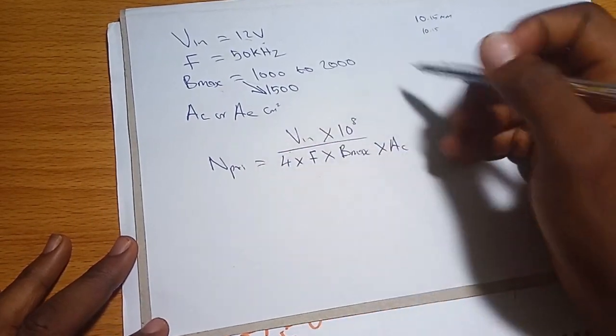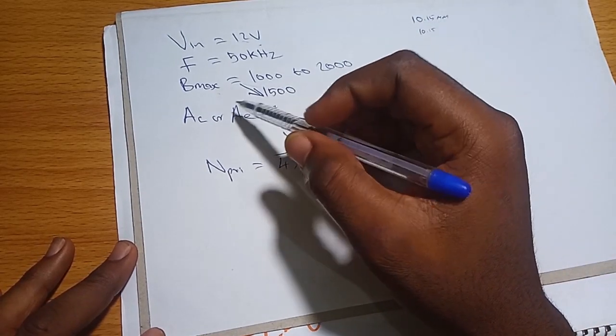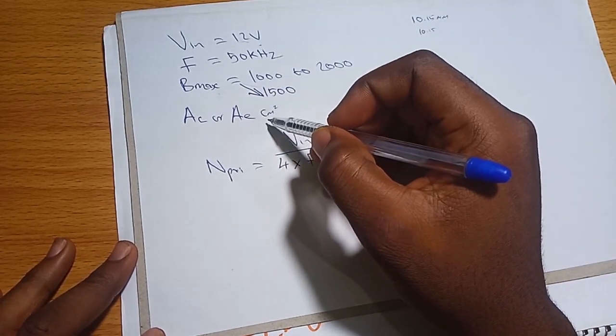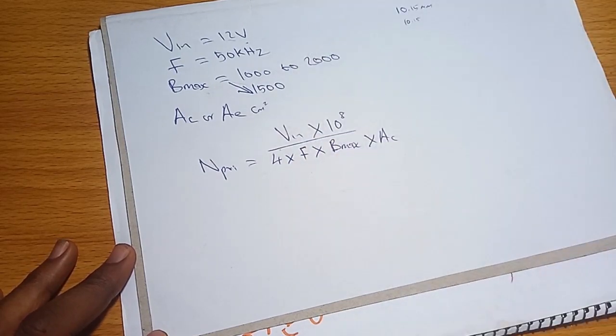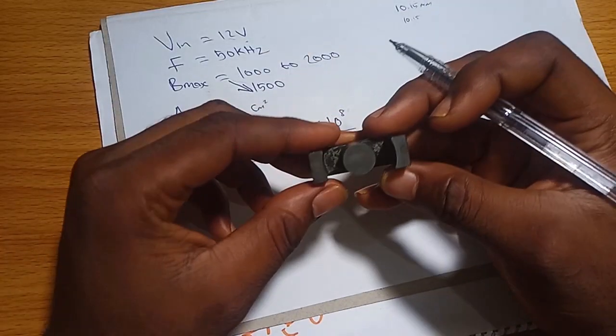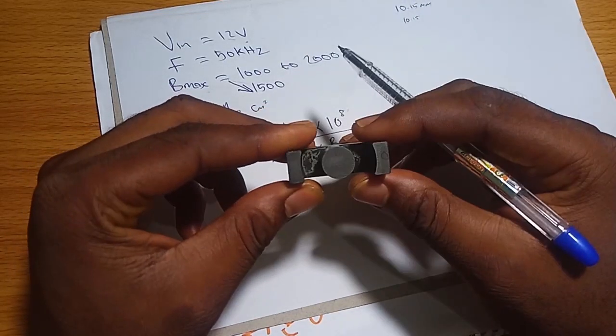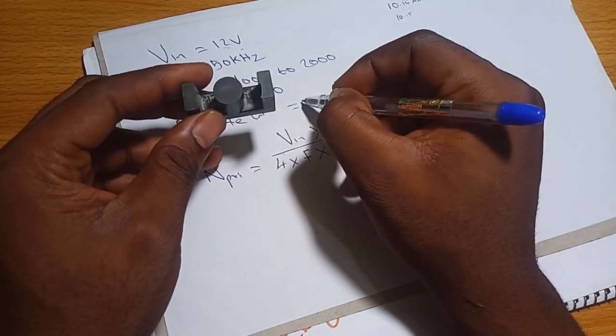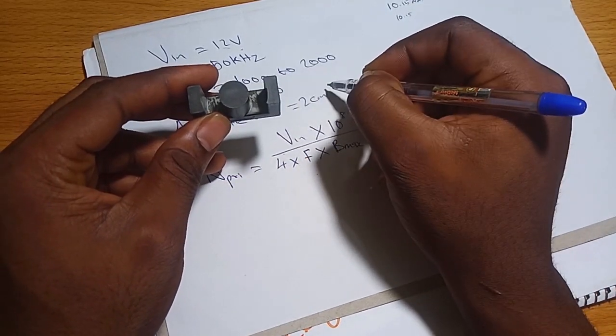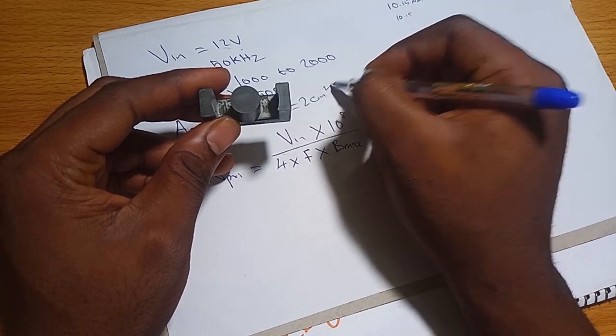For our calculation, the cross-sectional area must be in square meters. So for that, the cross-sectional area of this Ferrite Core transformer is equal to 2 square centimeters.